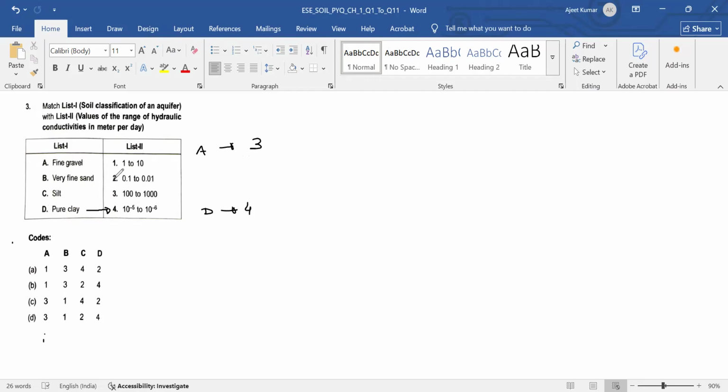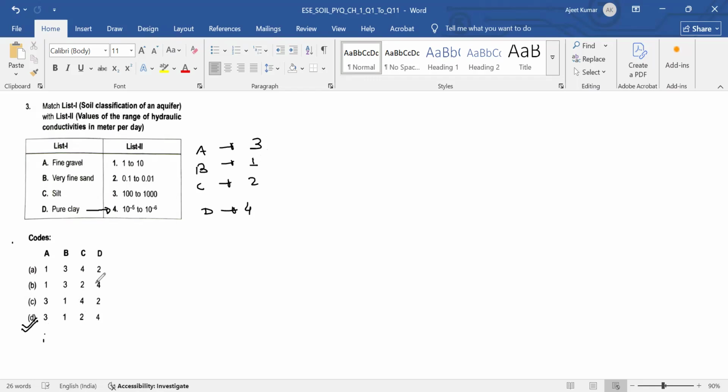So for silt this will be 2. So for C this will be 2, and for B it must be 1. Okay, so 3 1 2 4. The correct answer will be D.